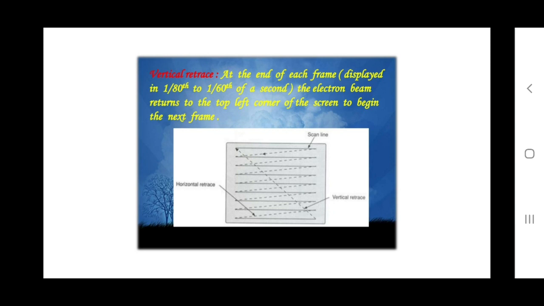In the vertical retrace, at the end of each frame, displayed in 1/80th to 1/60th of a second, the electron beam returns to the top left corner of the screen to begin the next frame. You can see here how the electron beam returns to the top left corner to begin the next frame.